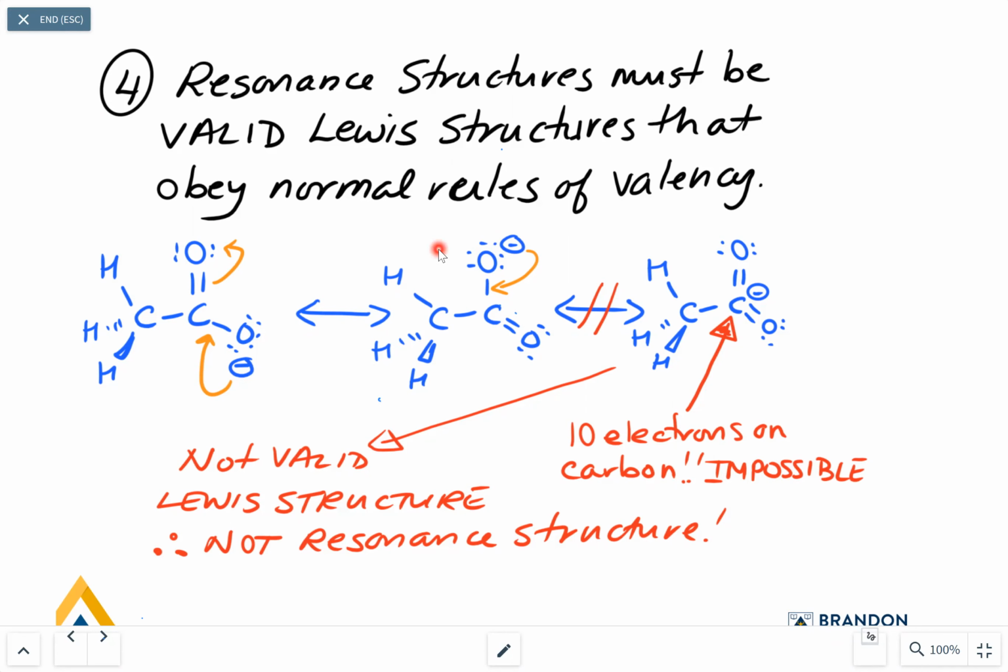Whatever your charges are on your structure, if it's a neutral structure overall, it can still have a positive and a negative in it, but overall, it's still going to come out being neutral. If your structure's got a negative, your other resonance structures should have a formal charge of negative. So all resonance structures have to be valid Lewis structures for this to work.